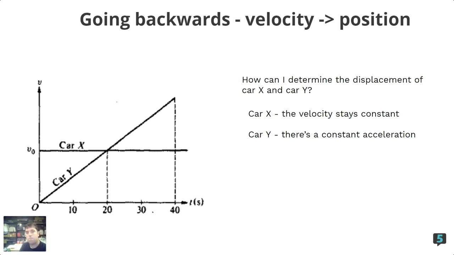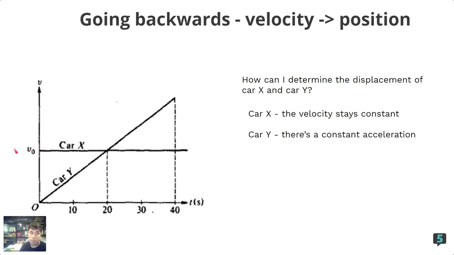Okay. So the question asked us something like, how far did car X go in 20 seconds? And then how far did car Y go in 20 seconds? So we'll start with car X because that's a little bit easier one to do. Car X starts off with a constant velocity, perfectly horizontal, does not change.